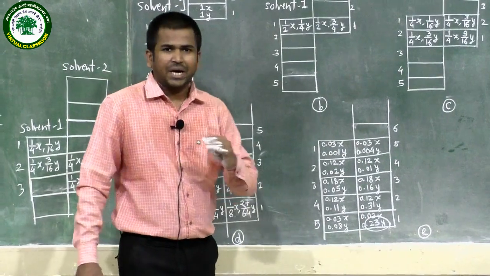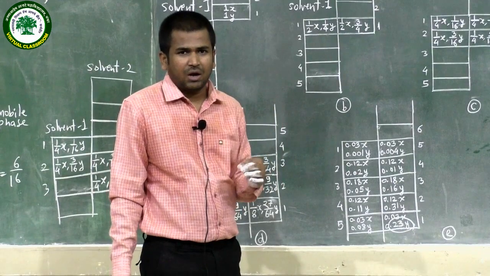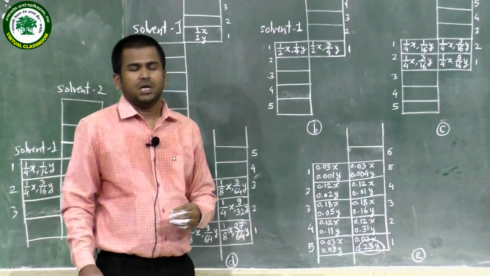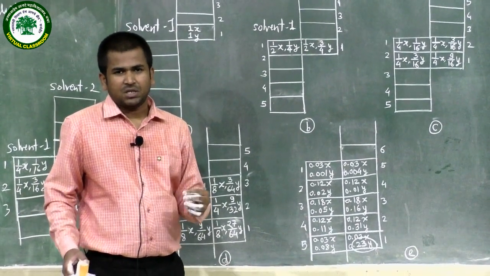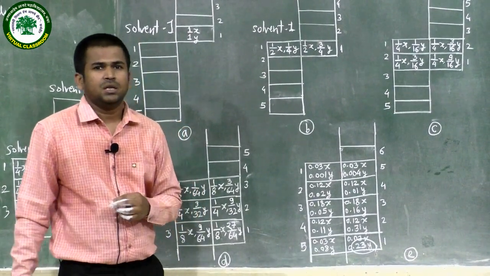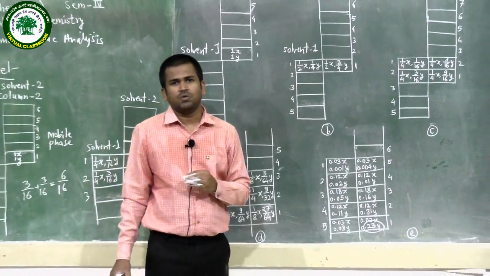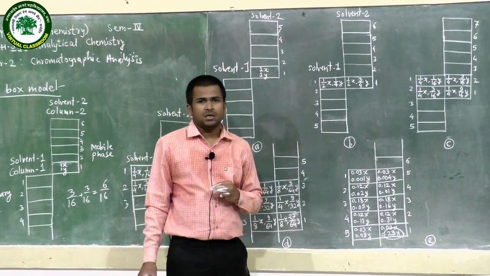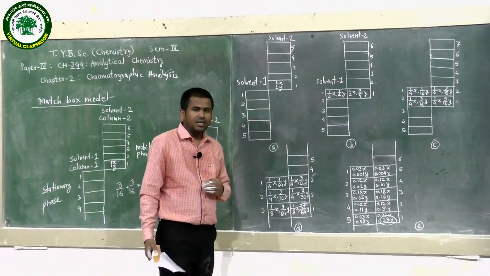So Y moves ahead, so it comes first from the column and X comes later from the column. In this way the separation phenomenon takes place in chromatographic analysis. So this is the basis of separation in chromatographic analysis. I think you understood the matchbox model clearly.